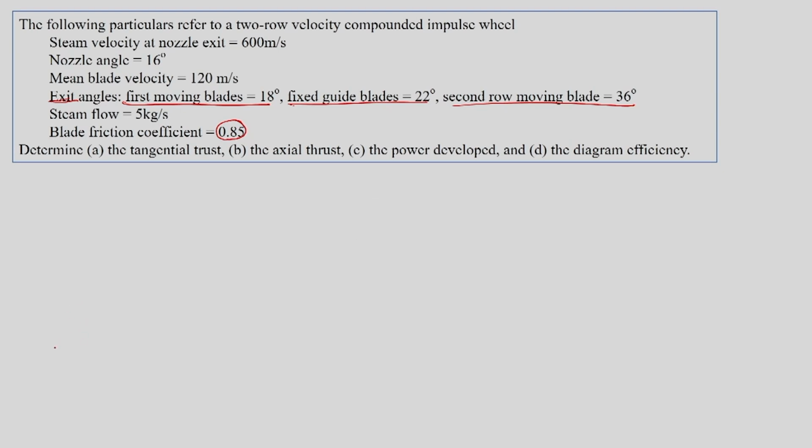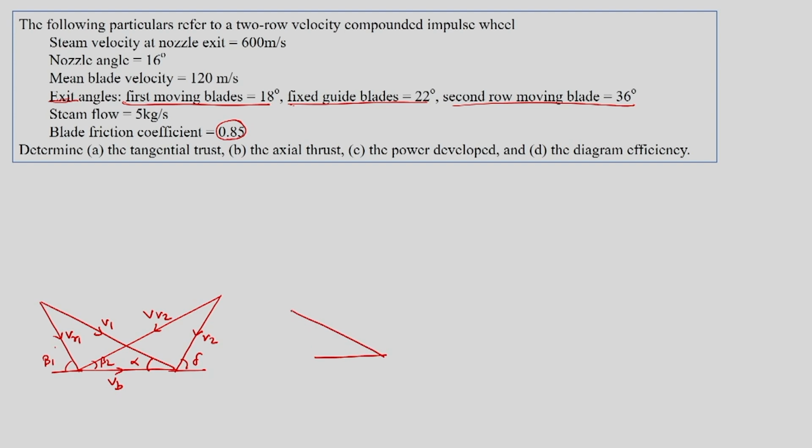First of all, we should draw the velocity triangle and denote whatever is given to us. So, we will refer this as alpha and this is beta 1, since this is V1, this is VR1, this is V2, this is VR2, so this is beta 2, this is delta, and then we have to draw the second velocity triangle.